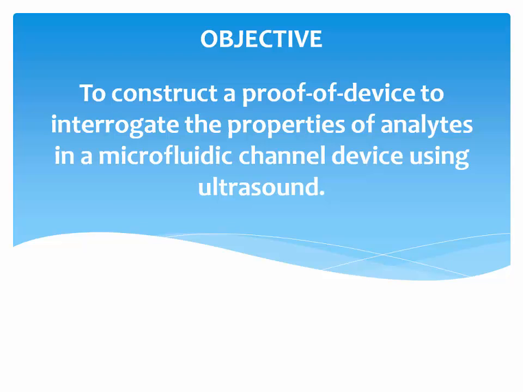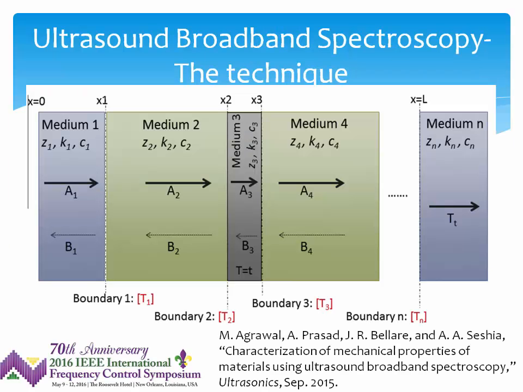Okay, so that's the objective of the paper here, and essentially what's going to be shown is the initial results in a very simple microfluidic device that's got a pair of ultrasound transducers used to make measurements of acoustic cavity resonances in the microfluidic channel, and infer from that the material properties of the analytes that might be flowing through that channel.